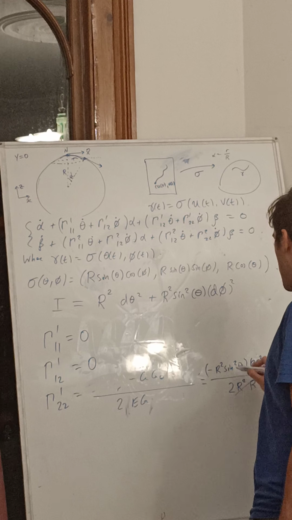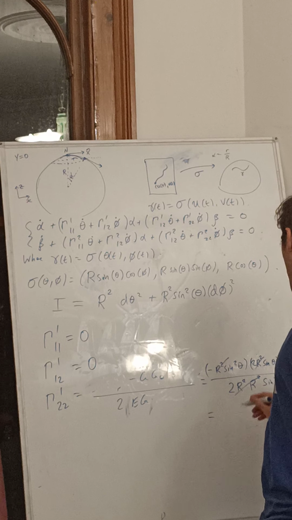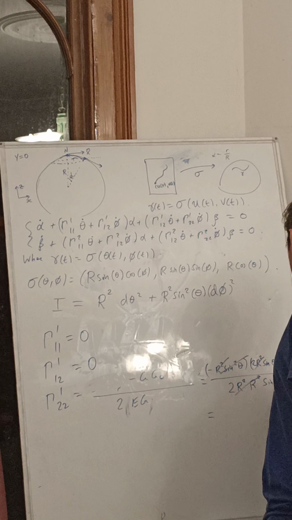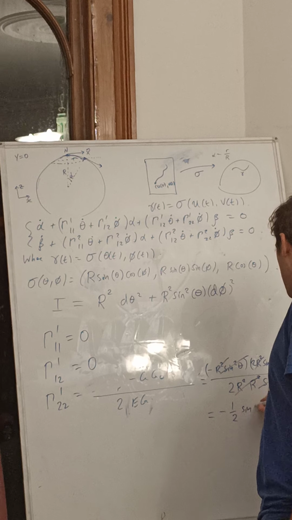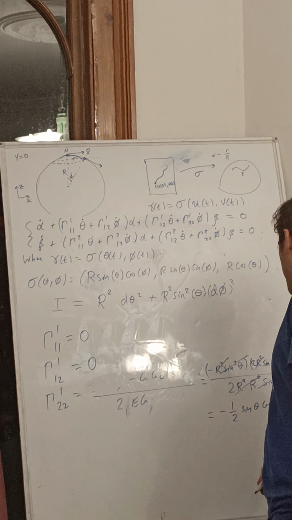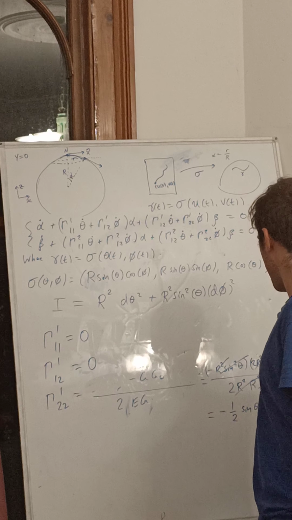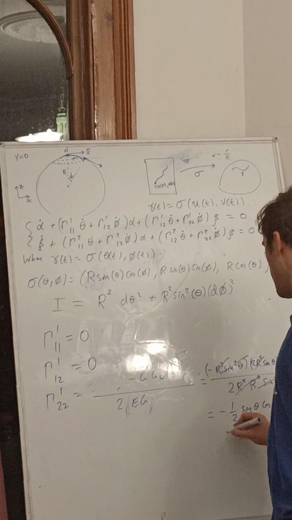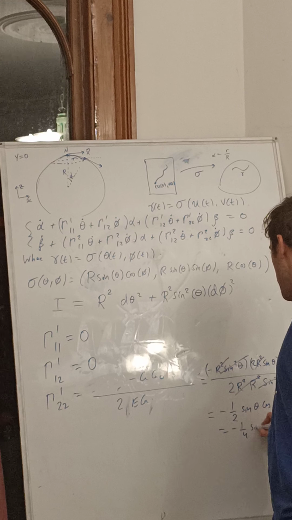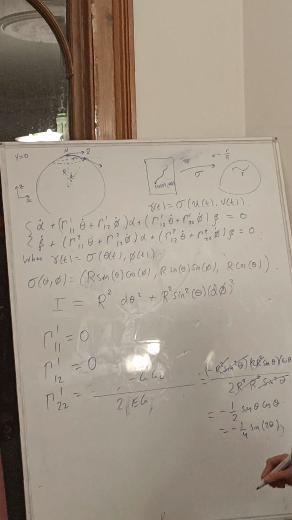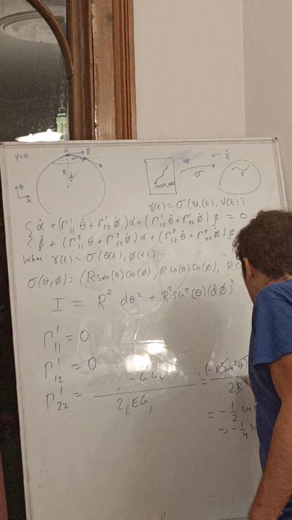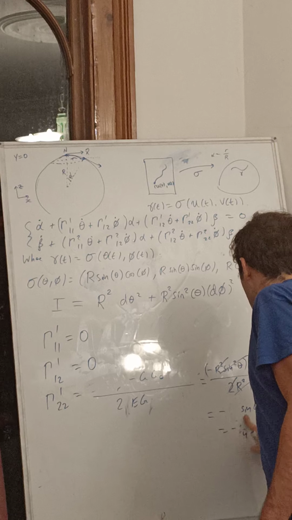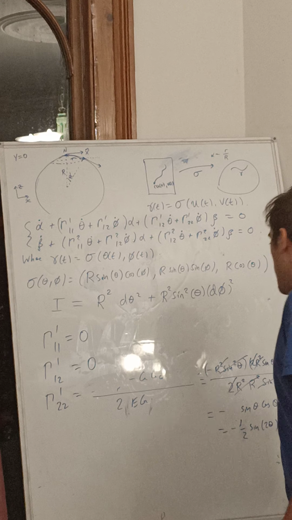The r's cancel, and the sine squared cancels, so we're left with minus a half sine theta cos theta, which is minus a fourth sine 2 theta if we wish. Oh, that 2 cancels with this 2, so actually it's going to be that.